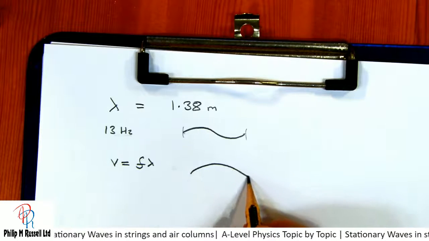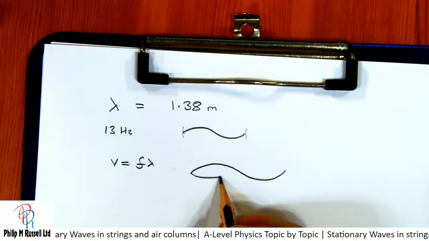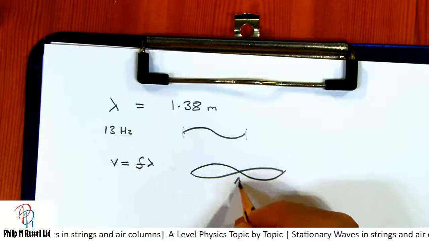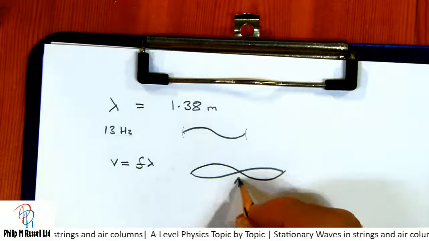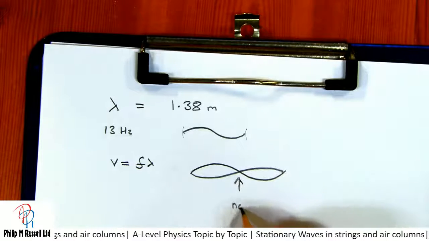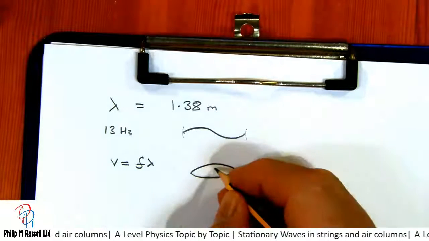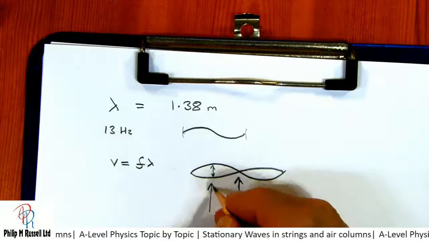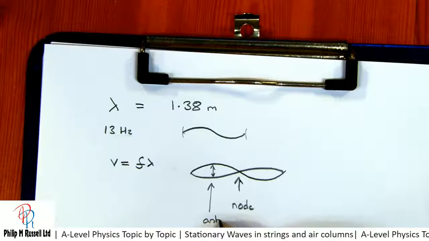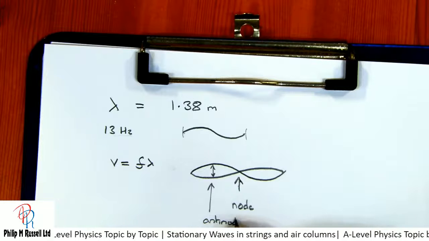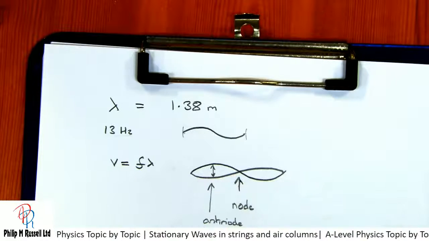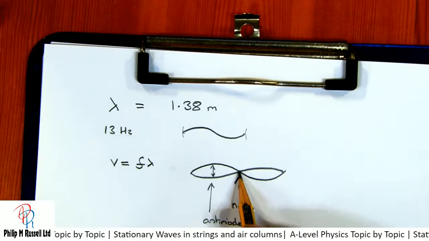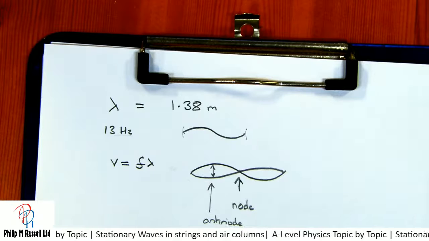We've got on this wave, not well drawn, this point here where it's not moving, this is our node, and where we're getting our maximum amplitude, this is our antinode. So this is a point of maximum movement, and here where we're getting minimal movement.